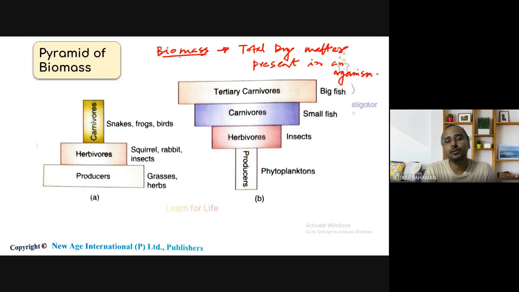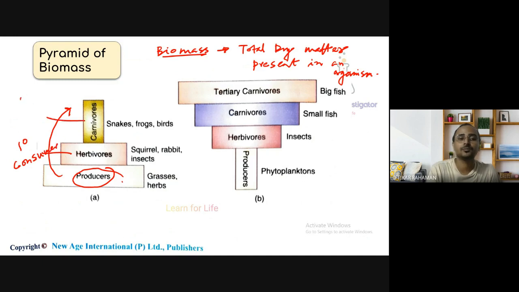So what will happen in the pyramid of biomass? From producers to consumers, this is producer, this is primary consumer, and this is secondary consumer.